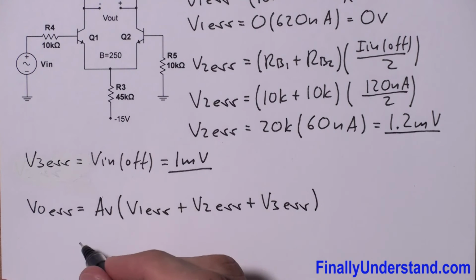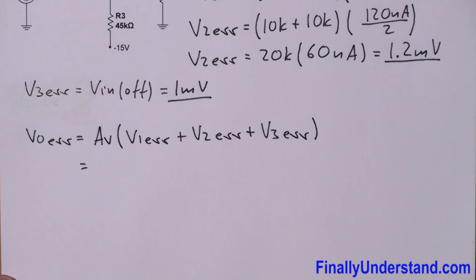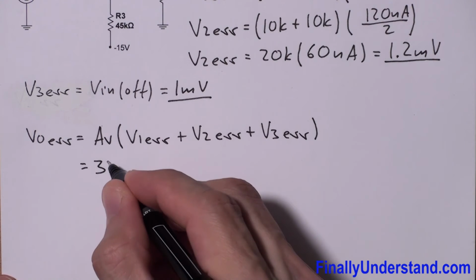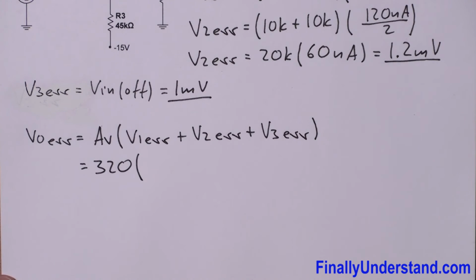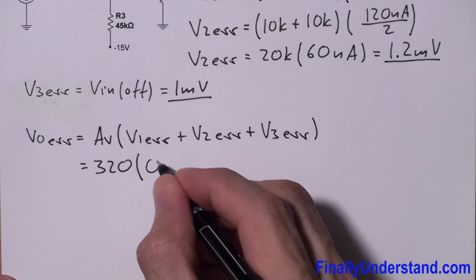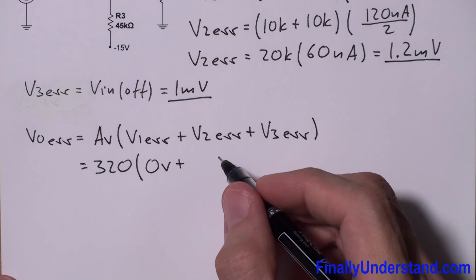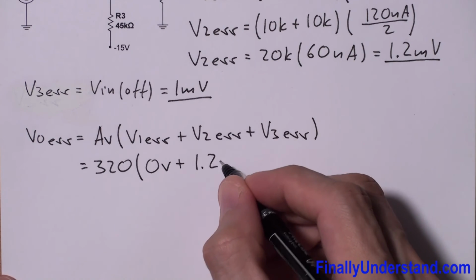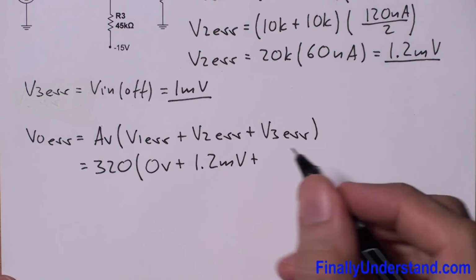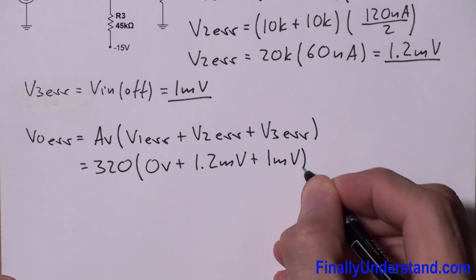Okay, next we're supposed to plug in the values. So I have AV equals 320 times V1 error we found is equal to 0 volts plus V2 error we found is equal to 1.2 millivolts plus V3 error 1 millivolt.